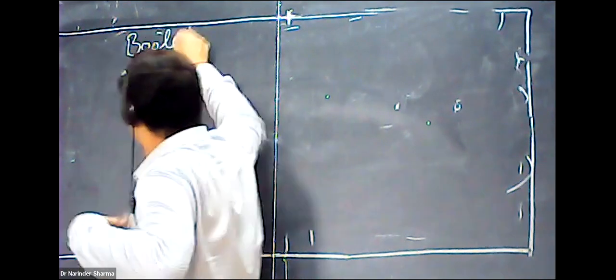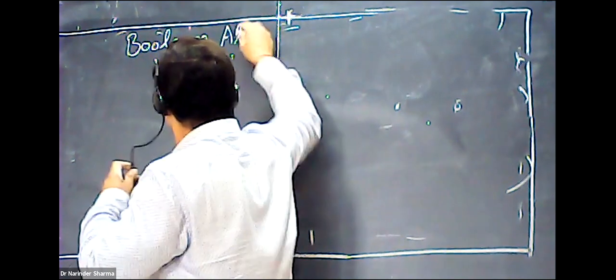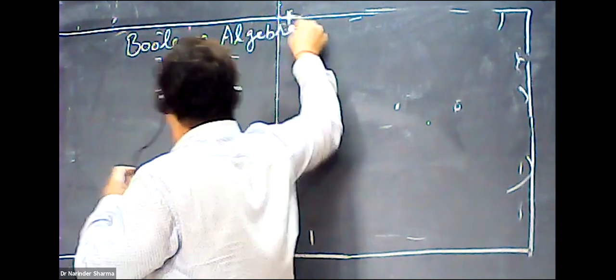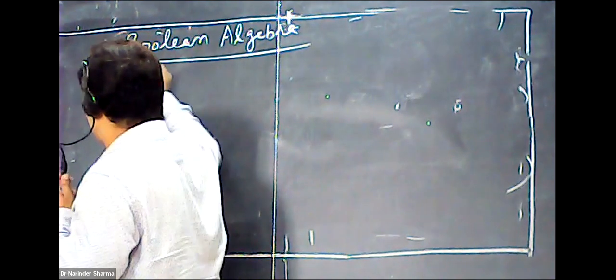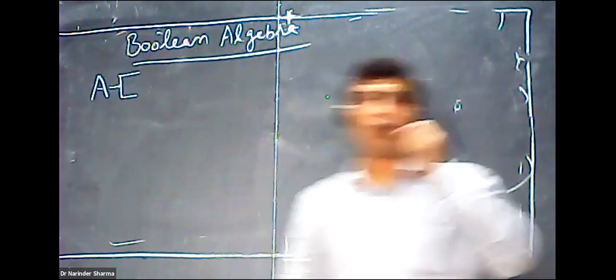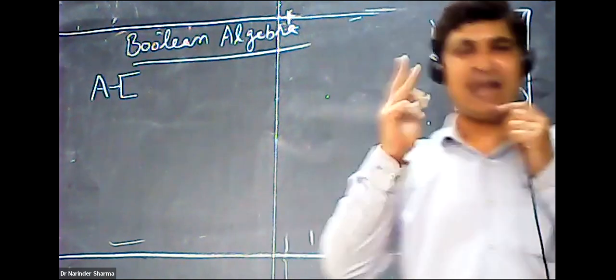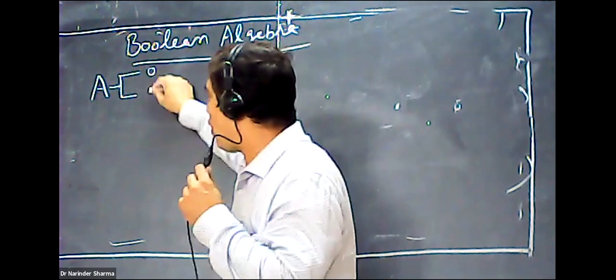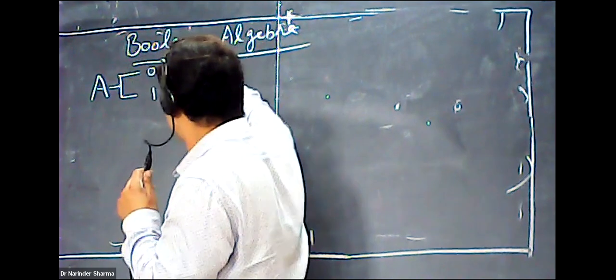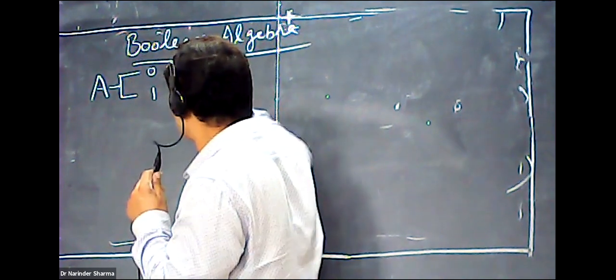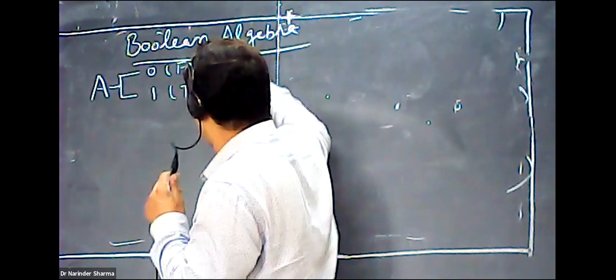In Boolean algebra, there is a variable, maybe A. It may have any one of two values, either 0 or 1, or in statement form either false or true, or either no or yes.